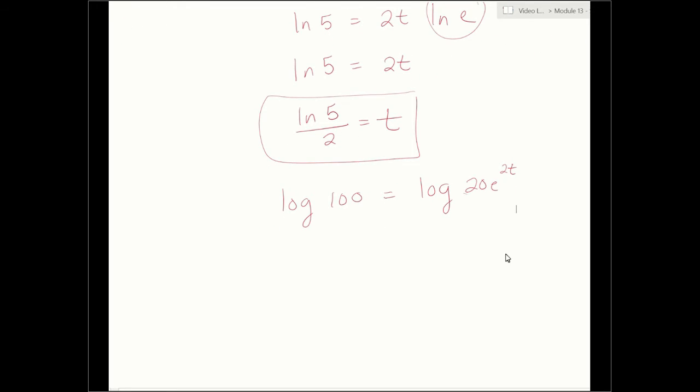So I would have actually run into a little annoyance at this point, and I would have needed to split this up as log 20 plus log e to the 2t before I could pull that 2t to the front.